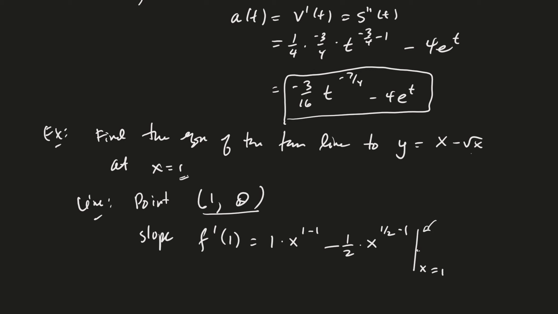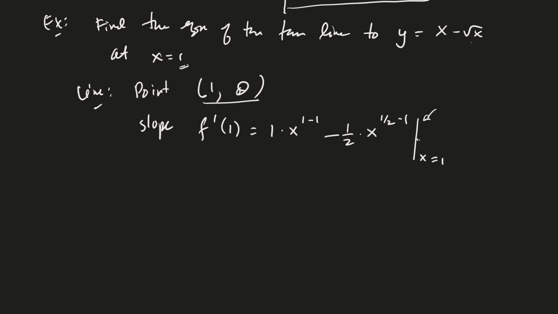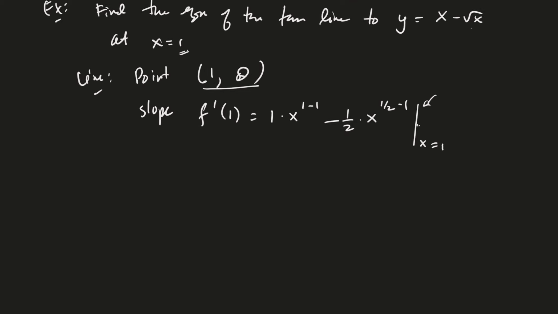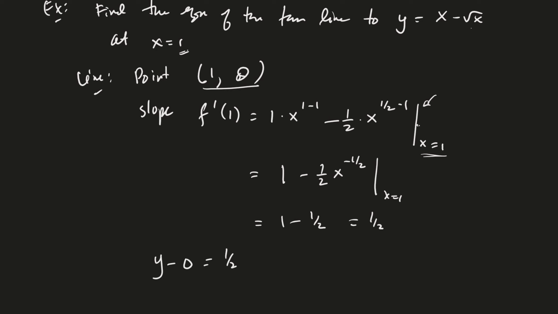And so it's kind of handy when you're computing something but you want to evaluate it at a point. So this should just give us a 1, and then this will give us a minus 1/2 x to the minus 1/2, evaluated at x equals 1. Looks like 1 minus 1/2, which would be 1/2. Good. That's not too exciting. Oh well. y minus 0 equals 1/2 times x minus 1 is the equation of the tangent line.